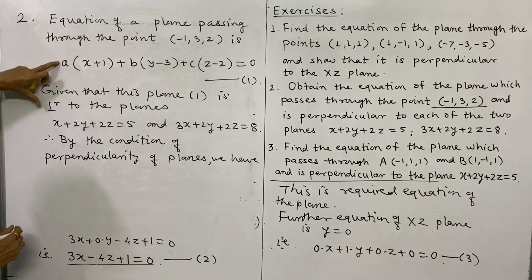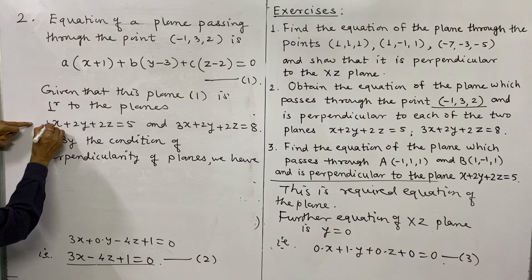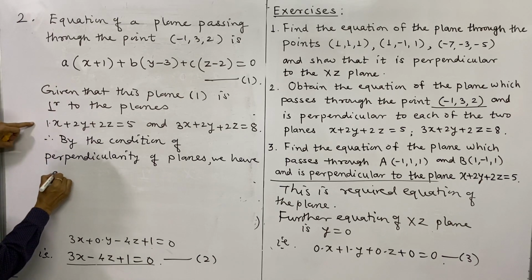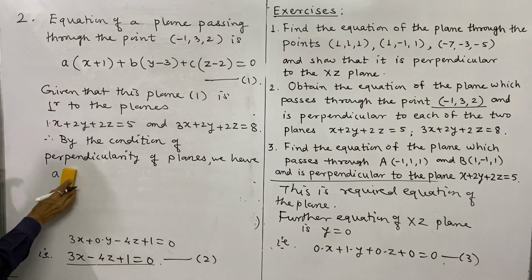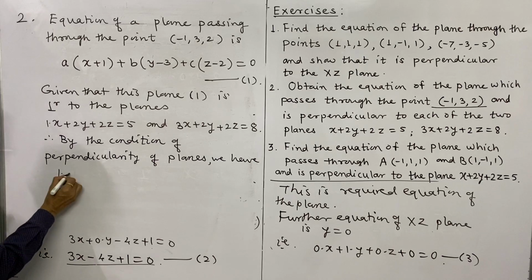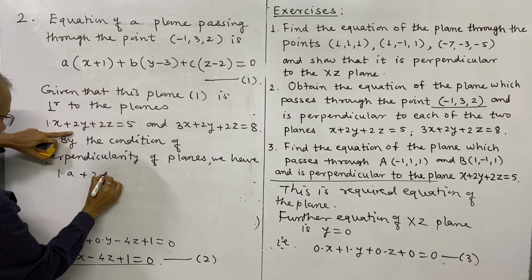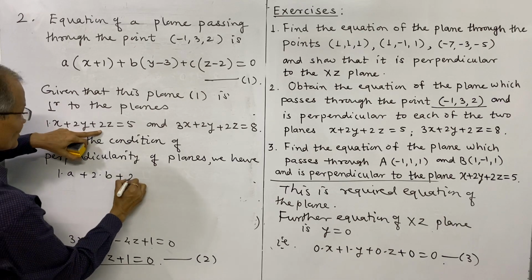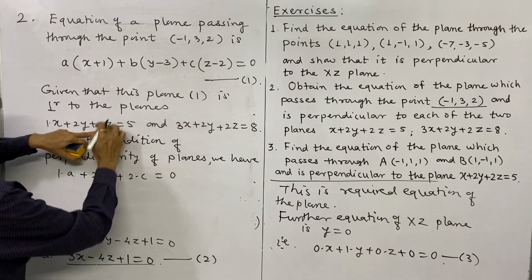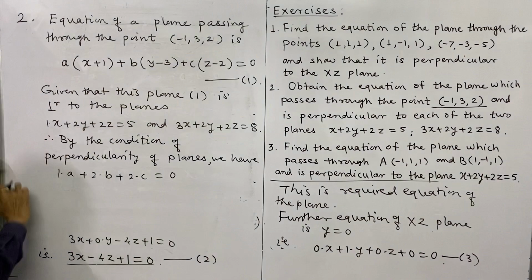So by the condition of perpendicularity of planes, we have 1 into A plus 2 into B plus 2 into C is equal to 0. This is the perpendicular condition between these two planes.